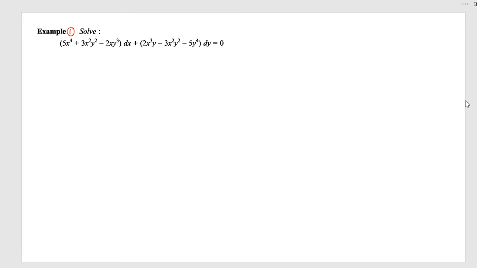For example, let us try to solve this problem. Here we have M dx, here we have N dy equals to 0.